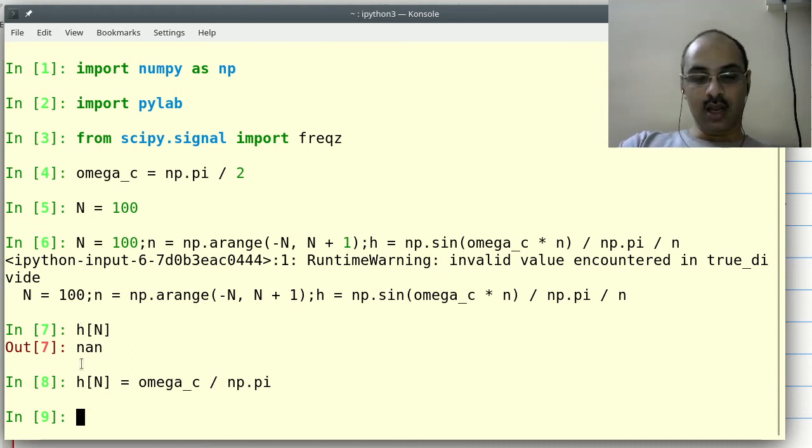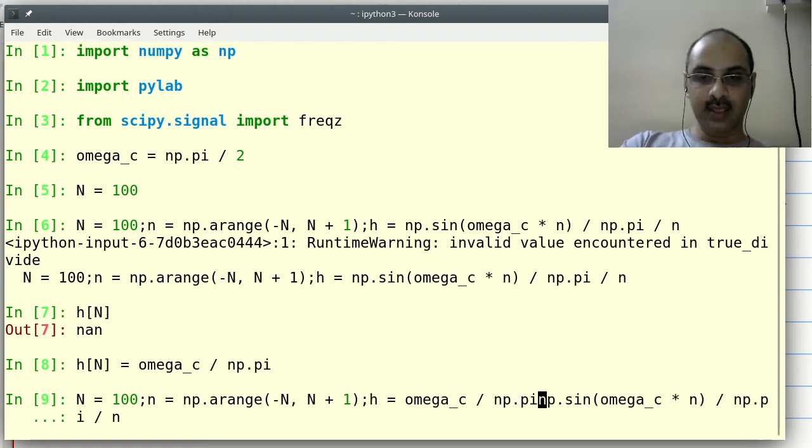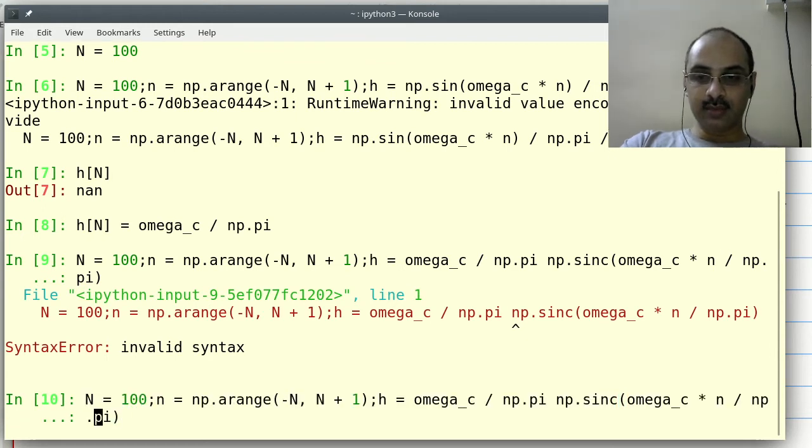The other approach, if you don't want to do it this way, is to just do omega c upon pi into np dot sinc of omega c into n upon pi.